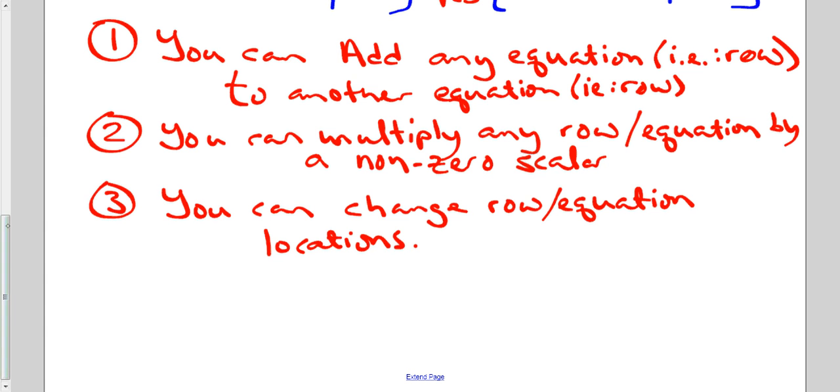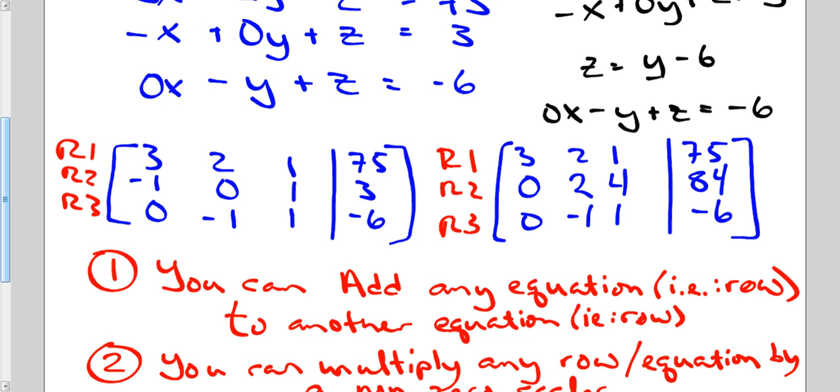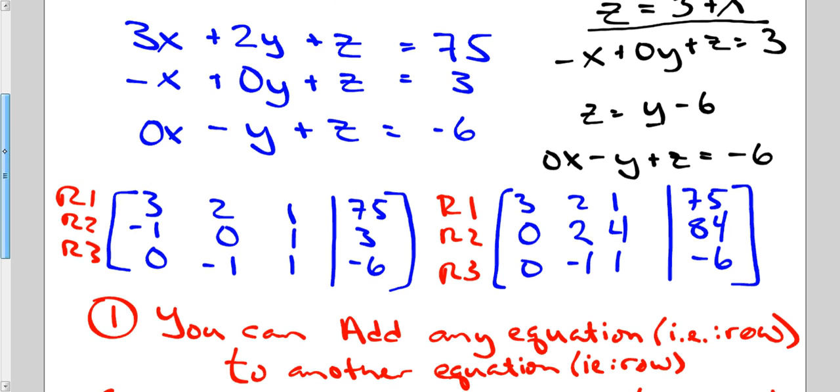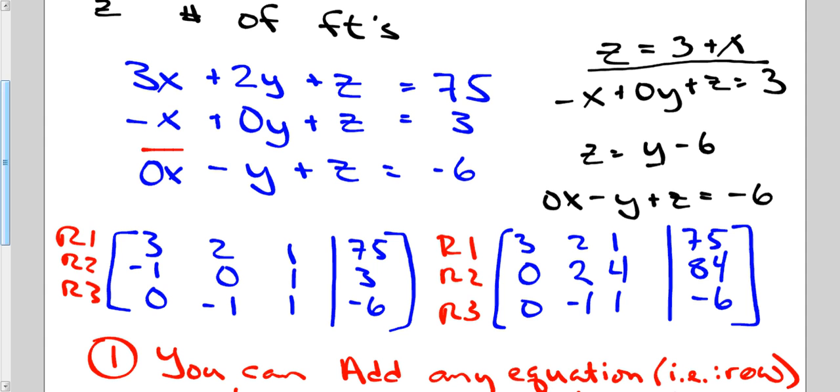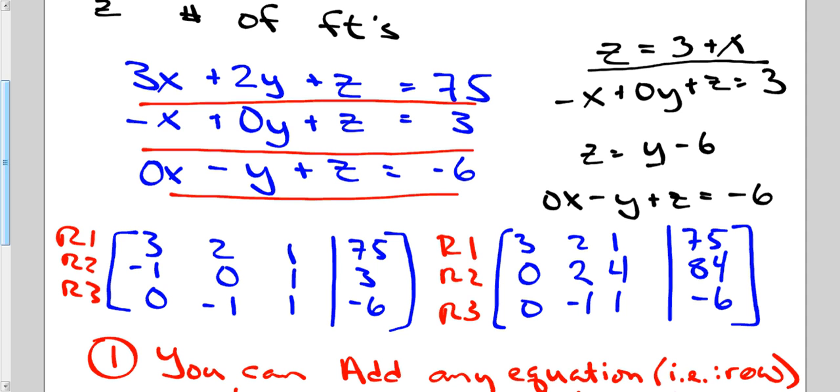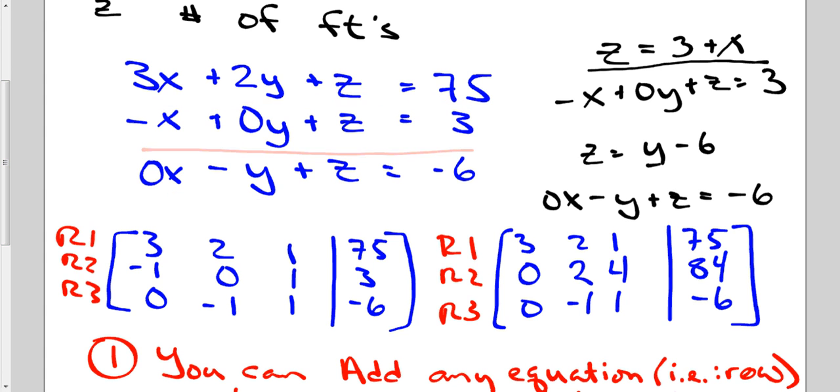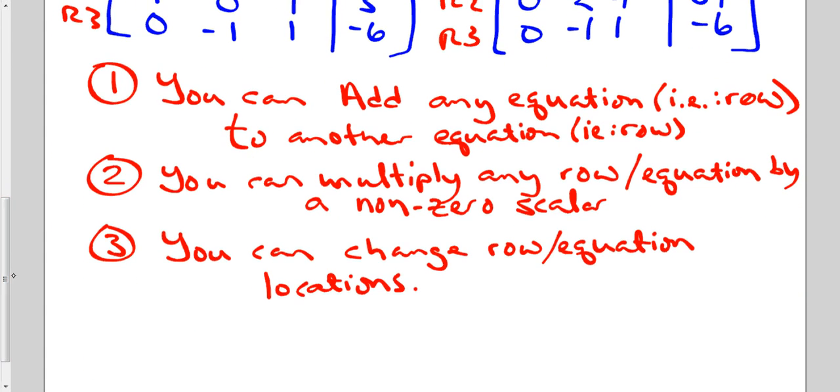So, if I want row 3, or I'm sorry, if I want row 1 down on the bottom for row 3, for whatever reason, can I do that? I'm really just changing the order in which I'm writing these equations, right? Think about this. If I decide to write this equation first, and then this equation, and then this equation, does that change what I'm doing? No. It just changes the order in which I wrote it in, which really doesn't matter. Okay? So these are the 3 things that I can do. Those are all the 3 things that I can do.